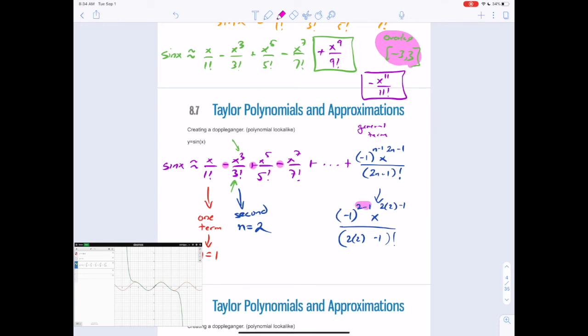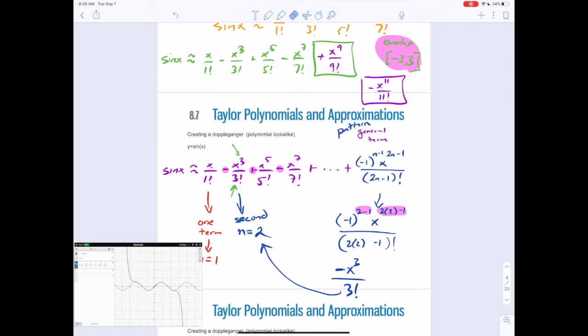So -1 to the first power is going to give me a negative, which is what I want there. 2 times 2 is 4 minus the 1, which is 3. So that's just x to the third. And down below, 2 times 2 minus 1 is just 3 factorial, which is exactly what I have in the second term here. So notice how this general term will spit out every single term that I want. This is our pattern. It all looks crazy at first, you guys, but don't worry, it'll sink in, okay?